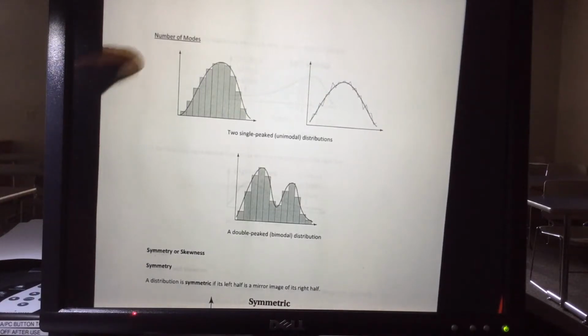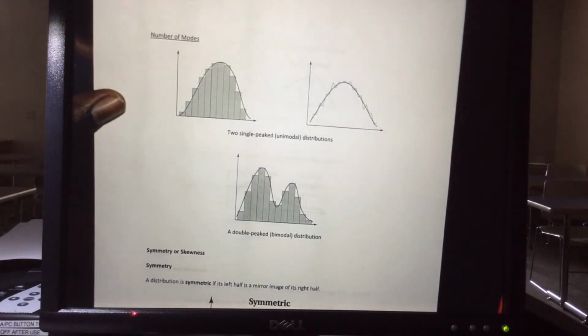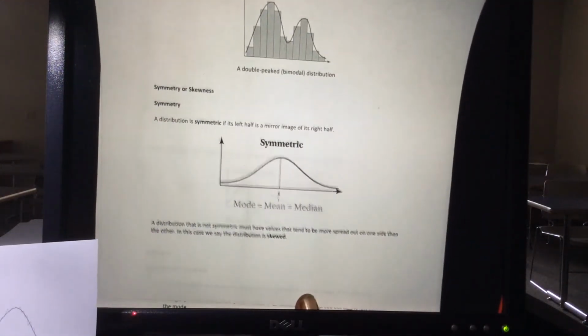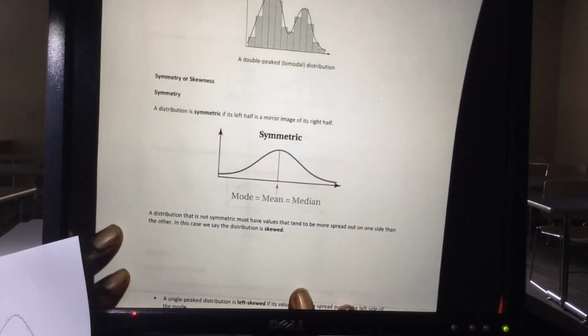Okay. Now, a distribution could be symmetric or it could be skewed. So that's the next thing we'll look at: symmetry or skewness. First of all, for symmetry, a distribution is symmetric if its left half is the mirror image of its right half.